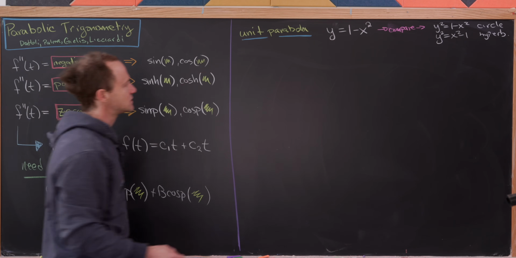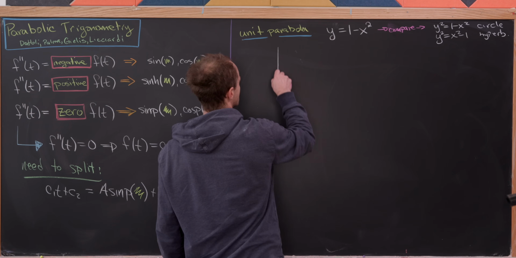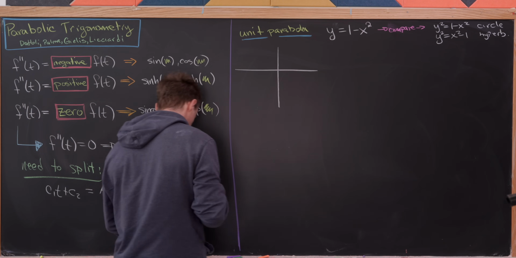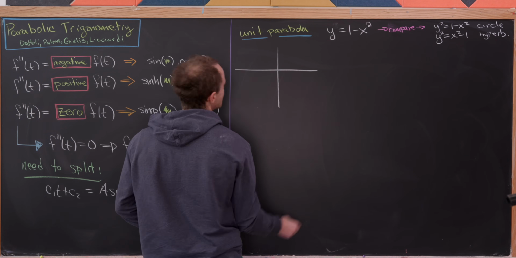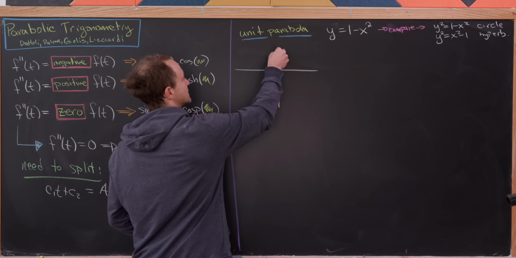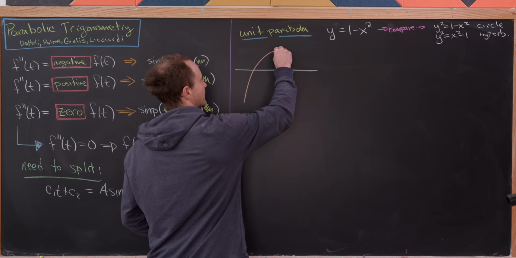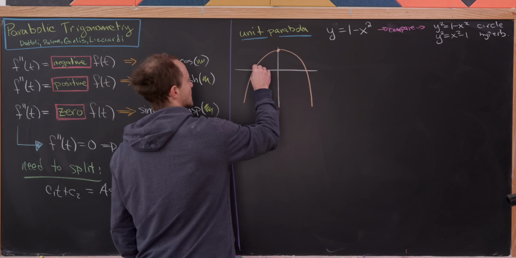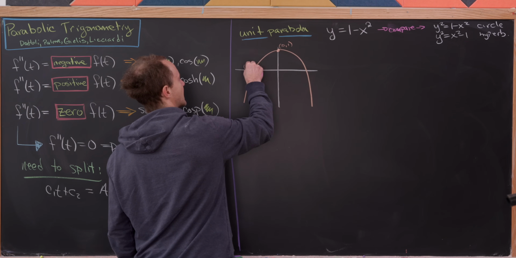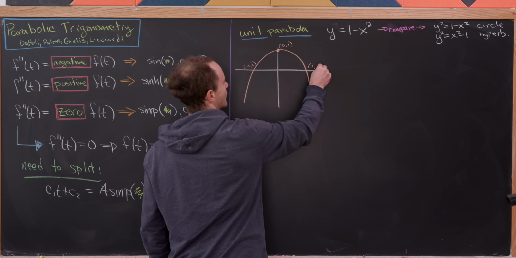Okay, so let's get a graph of this on the board. That shouldn't be too hard. Let's say there's our xy axis, and here's obviously the point 0, 1. Then we've got a parabola. Here we have negative 1, 0, and here we're going to have 1, 0.